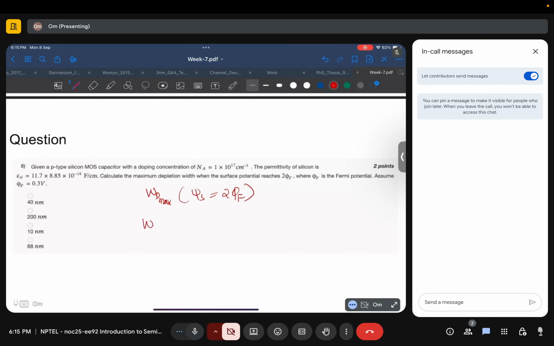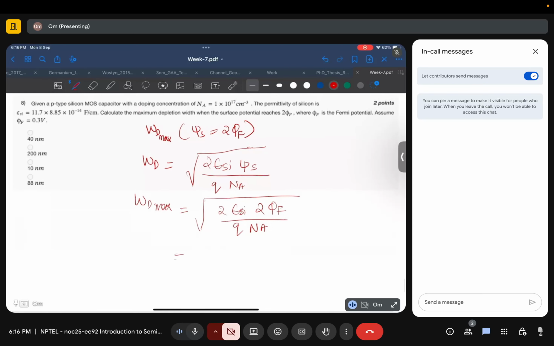What is WD? WD is square root of 2 epsilon Si psi s by q Na, right? And WD max is when psi s equals 2 phi f. So WD max will be square root of 2 epsilon Si 2 phi f by q Na.